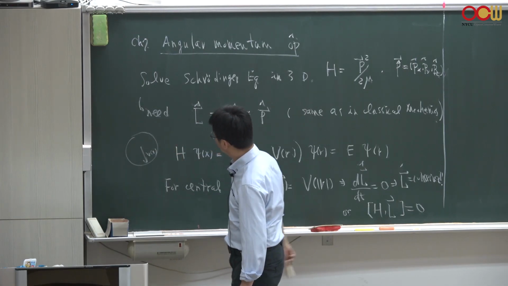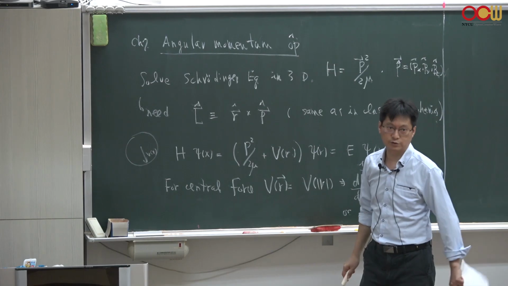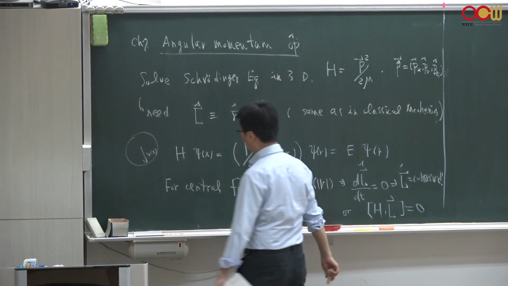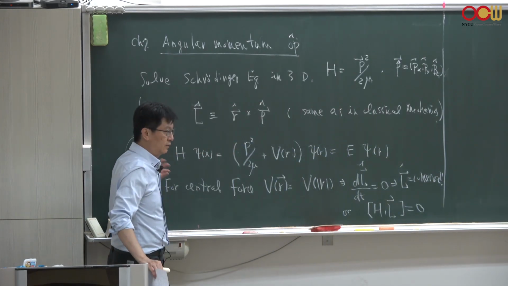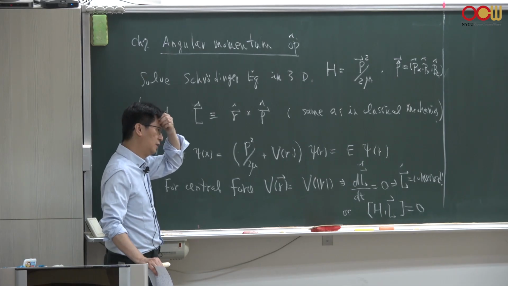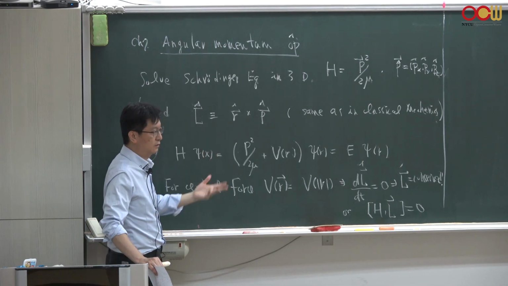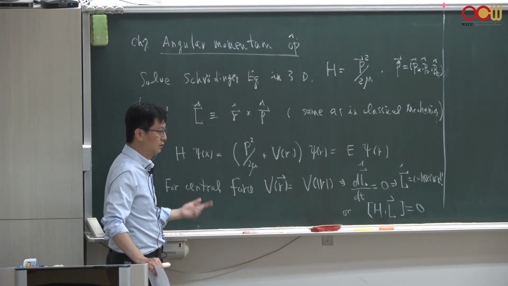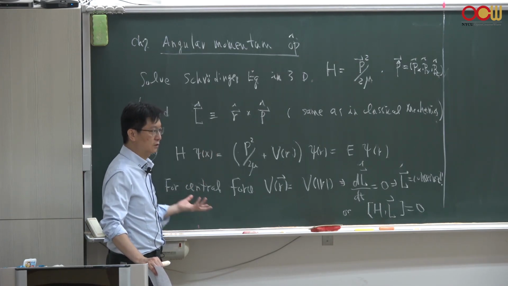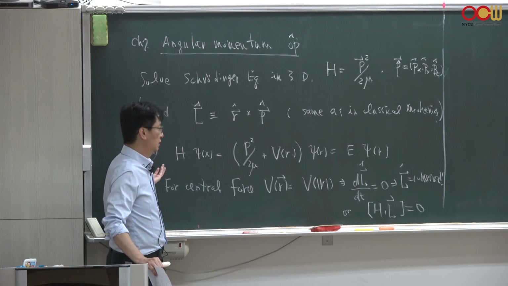Well, a simplest example of this potential is the Coulomb potential, right? It's the Coulomb force that exists between any two charged particles. For example, in the hydrogen atom, we have a single electron moving around the nucleus with charge e.